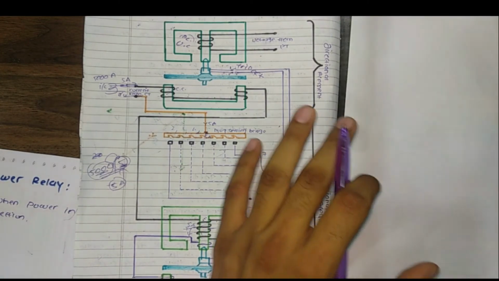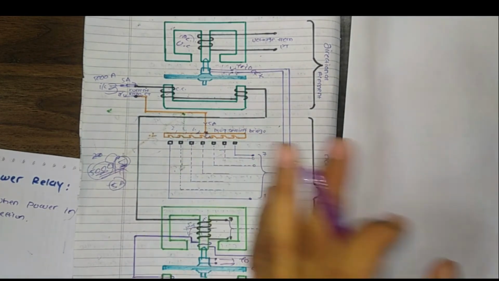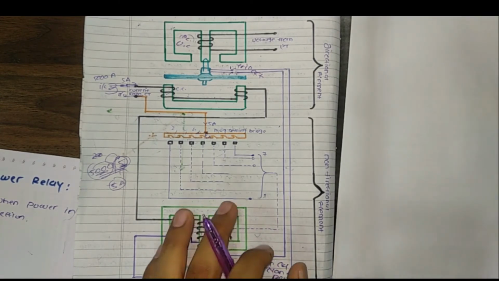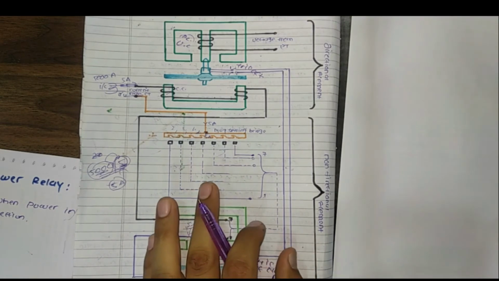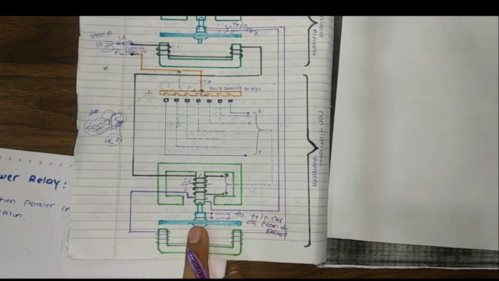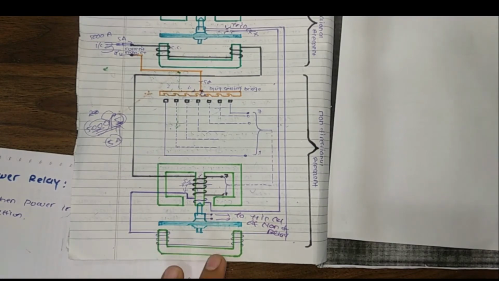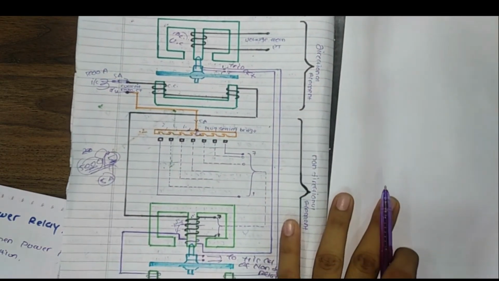The current also flows through the primary winding on the upper magnet of the non-directional element, thus energizing the winding to produce the flux. This flux induces the EMF in the secondary winding of the non-directional element according to the principle of induction, and as the contacts 1 and 1 dash are closed, the secondary winding has a closed path.